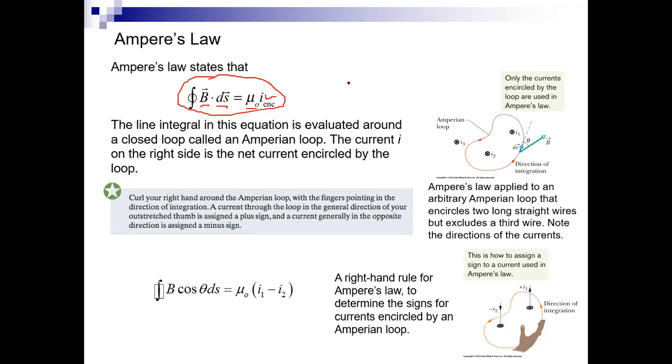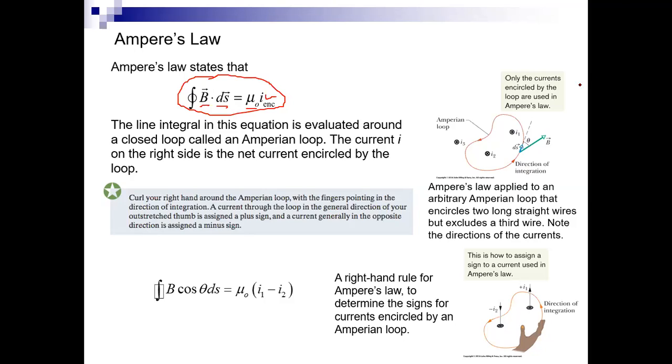So here we are going to determine the magnetic field. The Amperian loop will tell us how much area is covered by that loop, and how much magnetic field is carried by that loop due to the current enclosed by the loop.